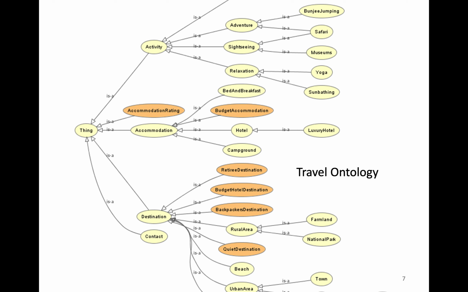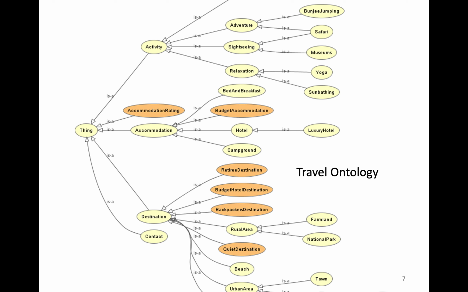Another thing could be destination. So the destination could be a retiree destination, or budget hostel, a hotel destination, a backpackers destination, or it could be a rural area, it could be a quiet destination, it could be a beach, it could be an urban area.